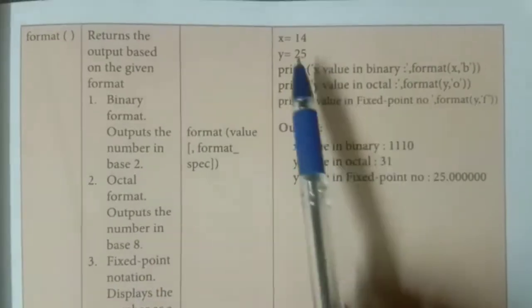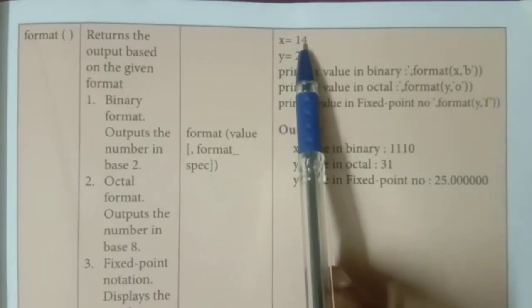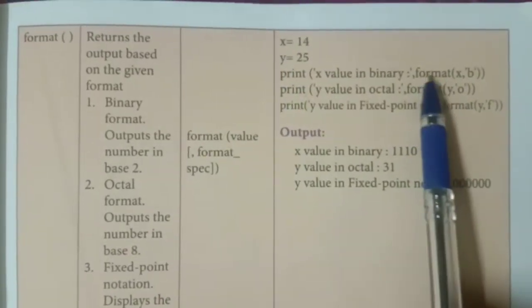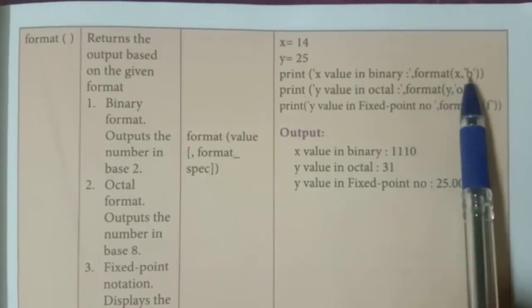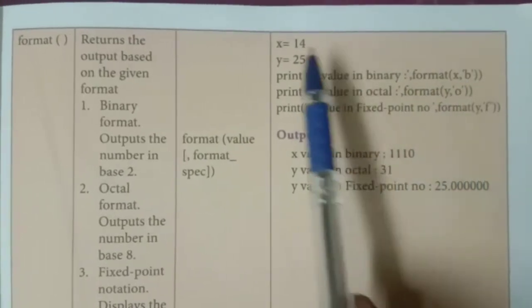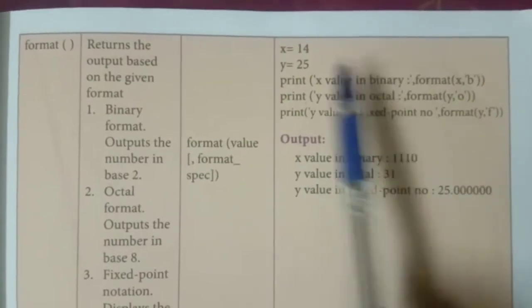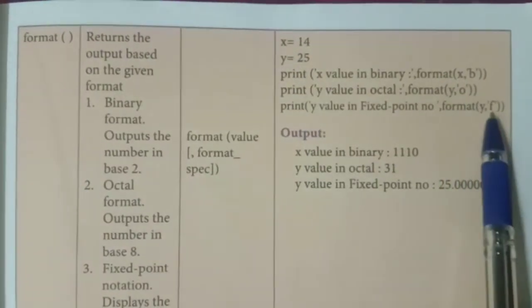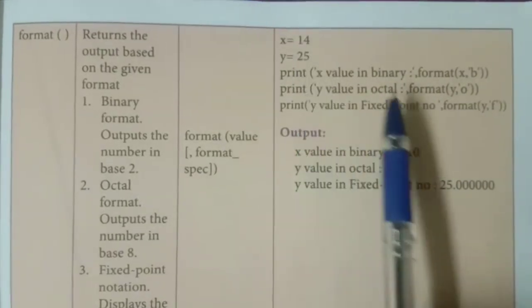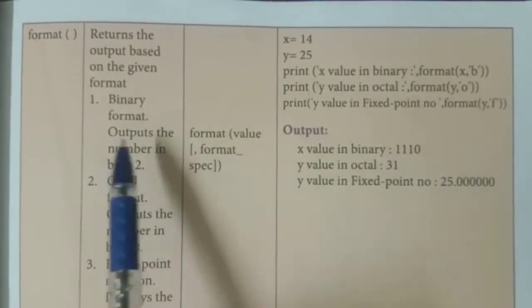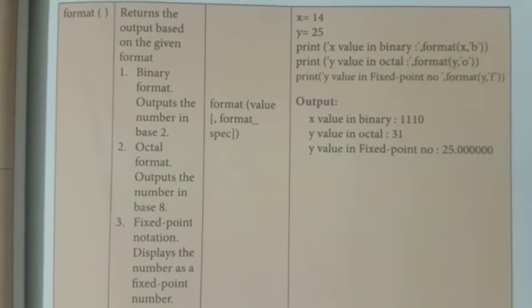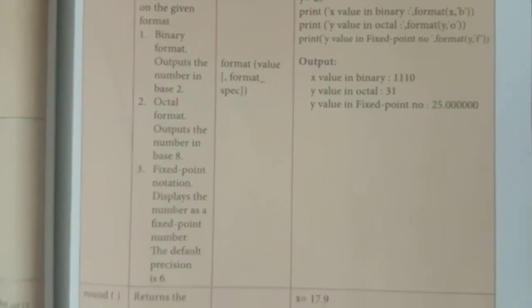See this example, x is equal to 14. Now they are asking us to format x with b. B means the binary value for this 14. If it is given as o, the octal value for this number. f means fixed point value for the particular number. This is formatting.